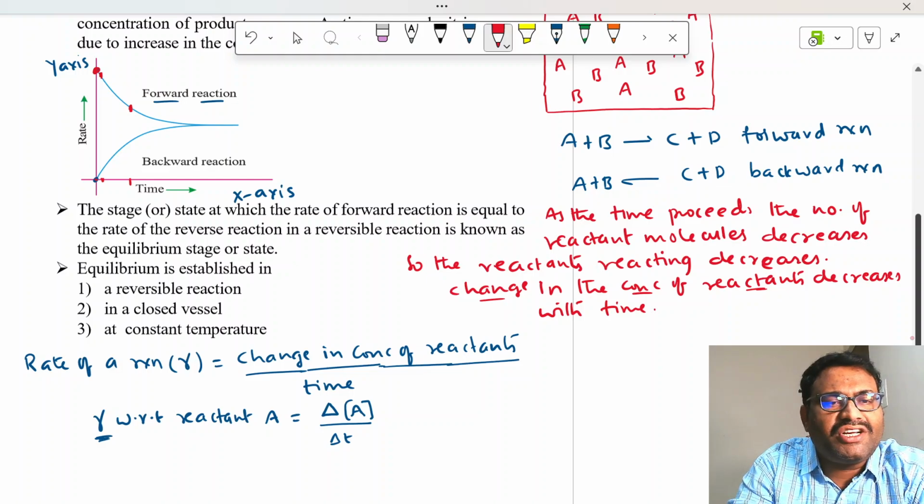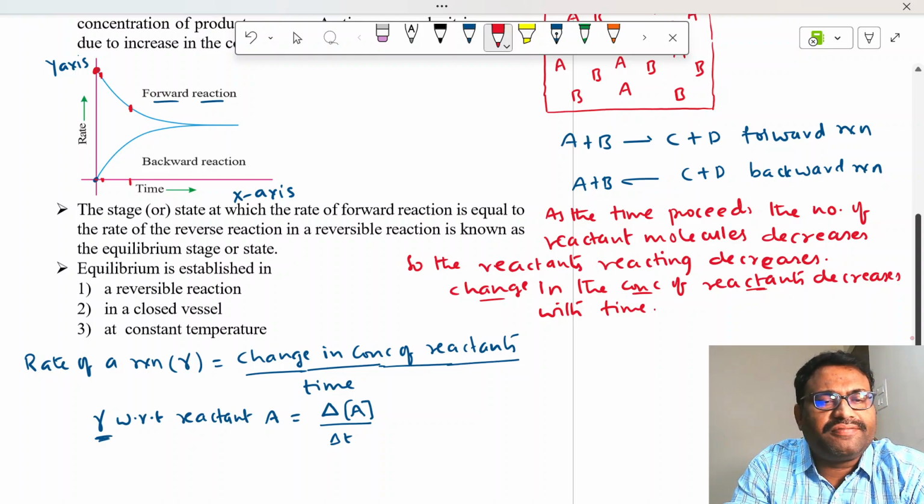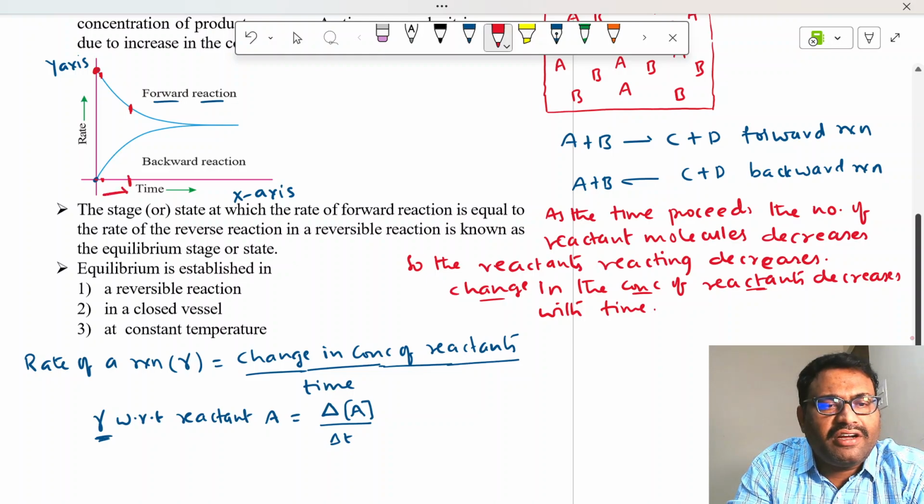That is what is shown in this graph, you see. As the time is proceeding, as the reaction is proceeding, the rate is decreasing. Time increasing, rate decreasing. Why is the rate decreasing?